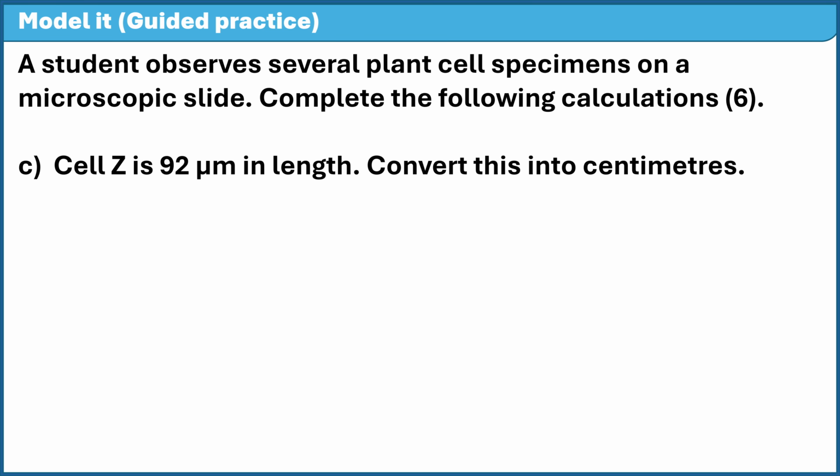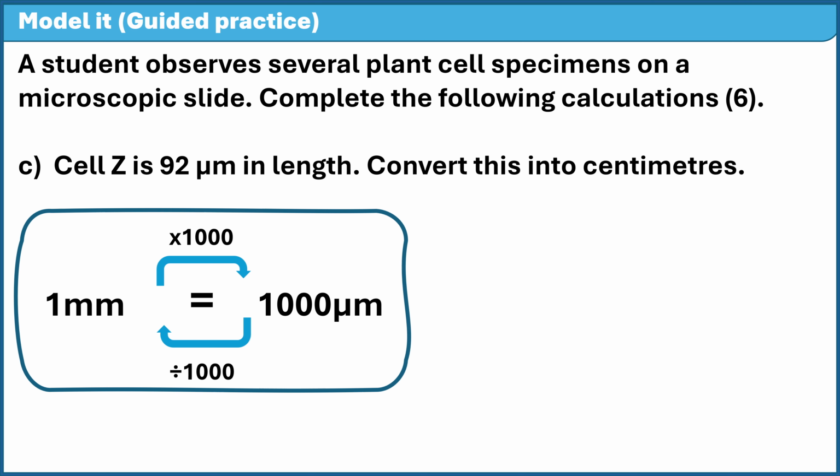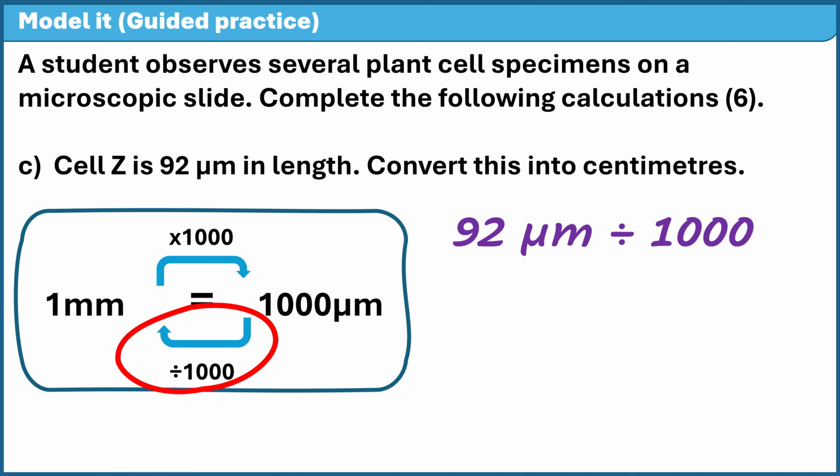Last practice question now. C says, cell Z is 92 micrometers in length. Convert this into centimeters. Similarly with step 1, we always identify the direction of our unit conversion. We will initially convert to millimeters, a bigger unit, so we will need to divide by 1000. So 92 divided by 1000 will give us 0.092 millimeters.